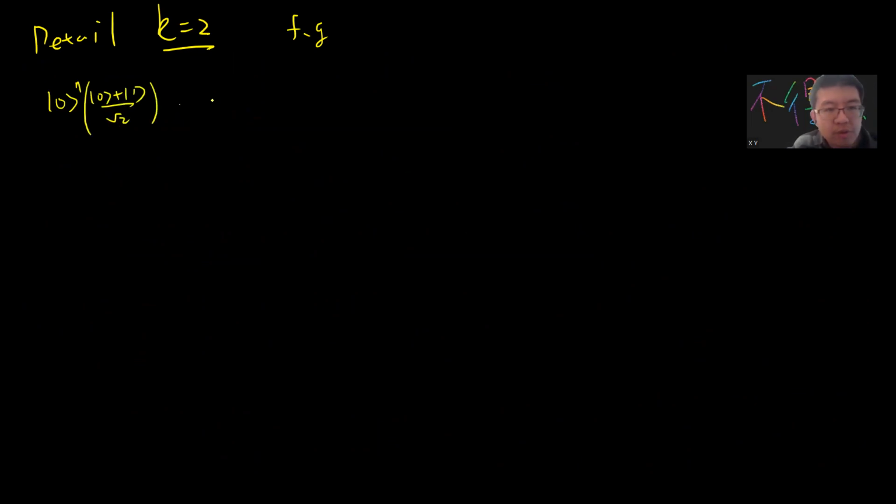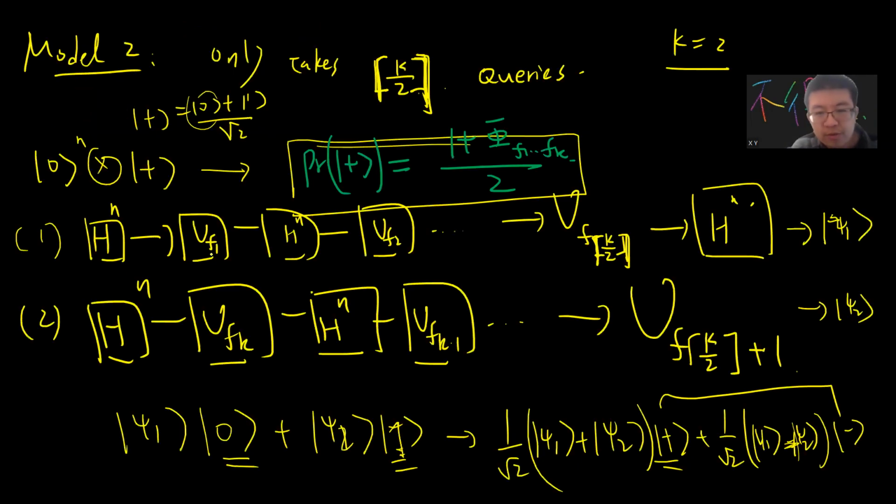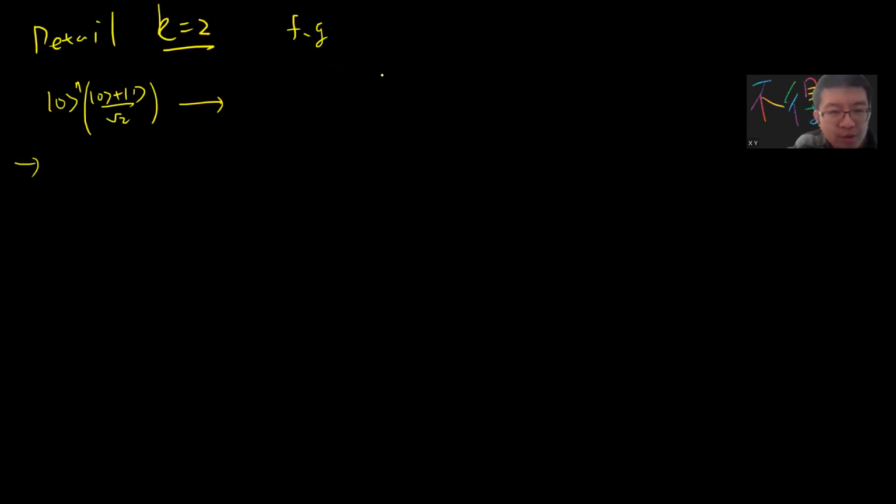So after the pass, right, I get the 0 to the n, then I get Hadamard and f and Hadamard. Okay, so for the first step, I get Hadamard and f and Hadamard.